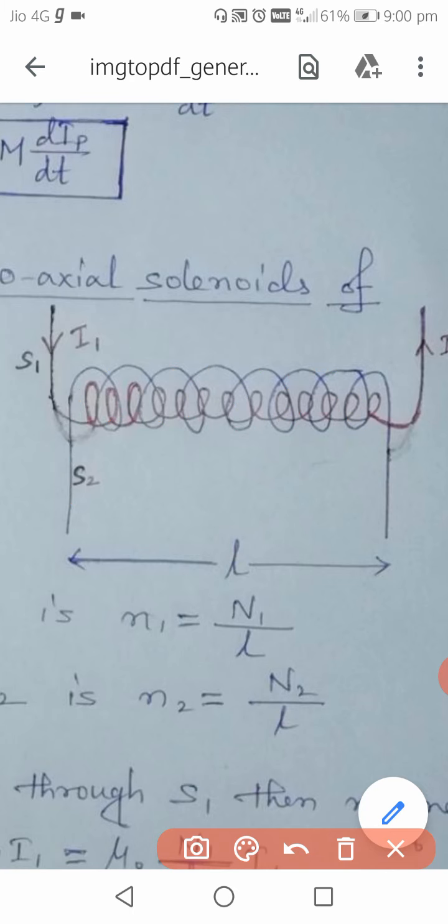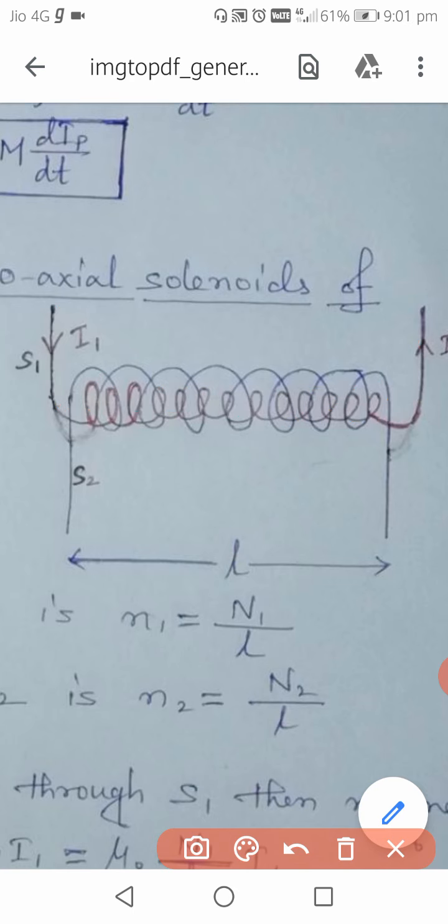Now flux is associated with which coil then? The smaller one, isn't it? Flux is associated with this coil. So since flux is associated with the smaller coil, which area will we consider? The area of the smaller coil. Can you follow?